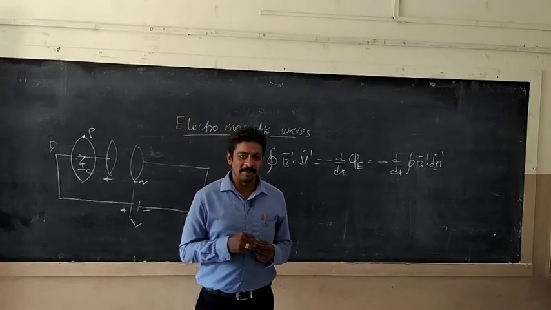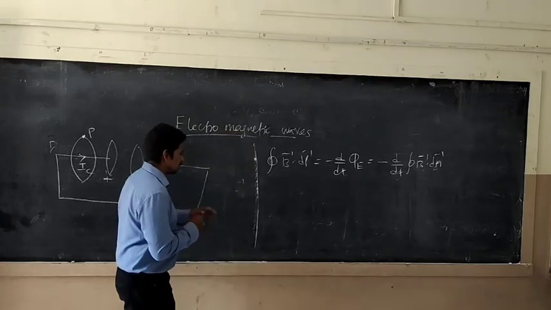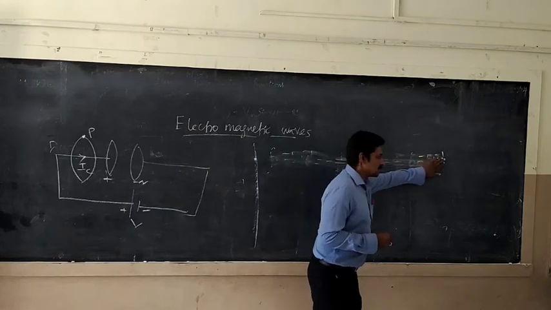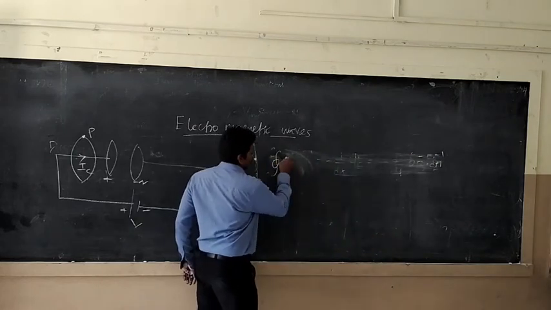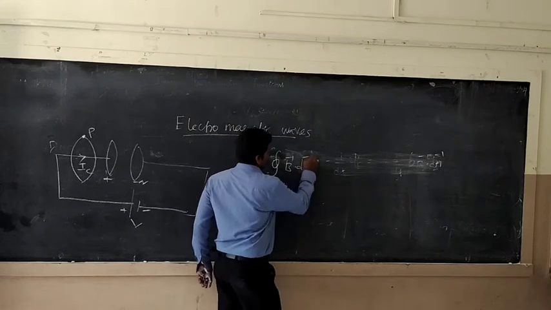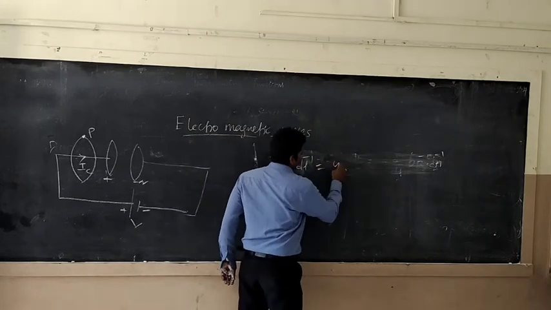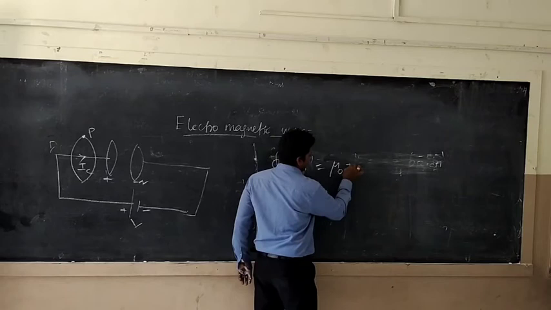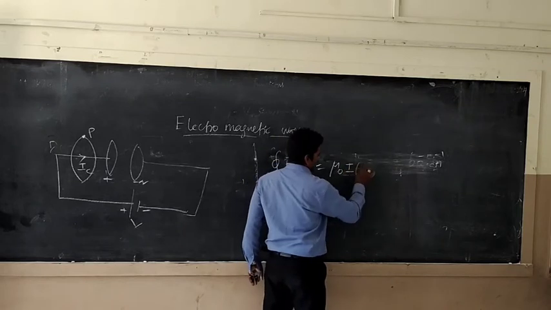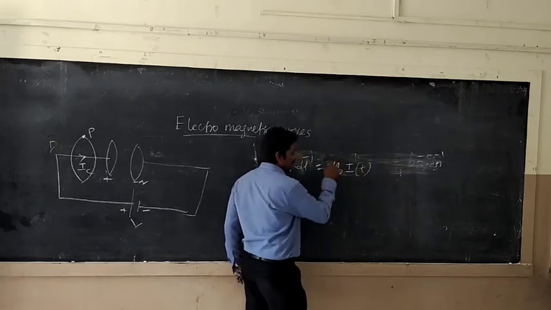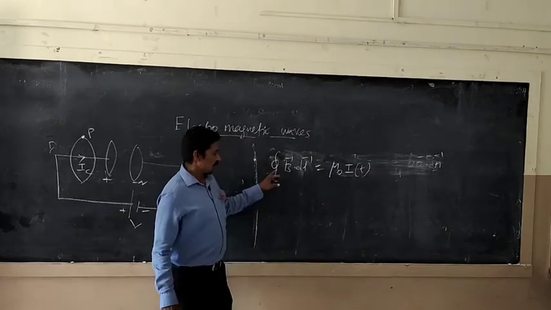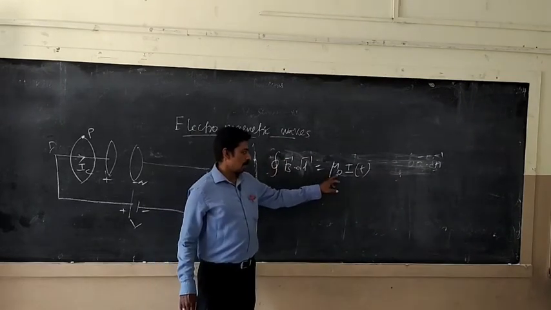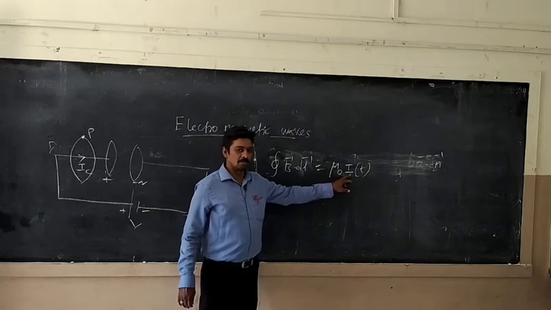Mathematically, closed integral B vector · dl vector is equal to mu naught times the net current flowing through the enclosed loop.